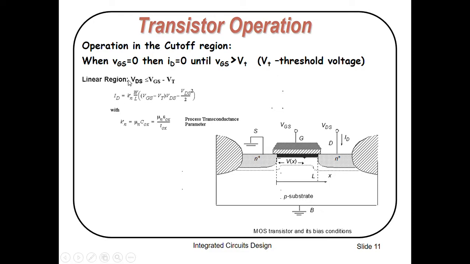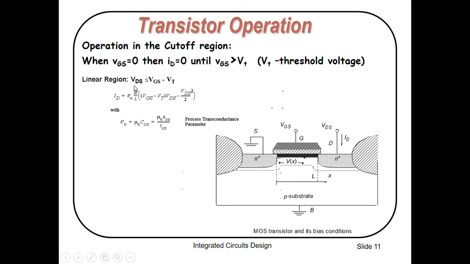Linear region. Here you can see the MOSFET structure in the linear region. You can see a channel, so this device is in the linear region. You have applied this VGS and VDS.